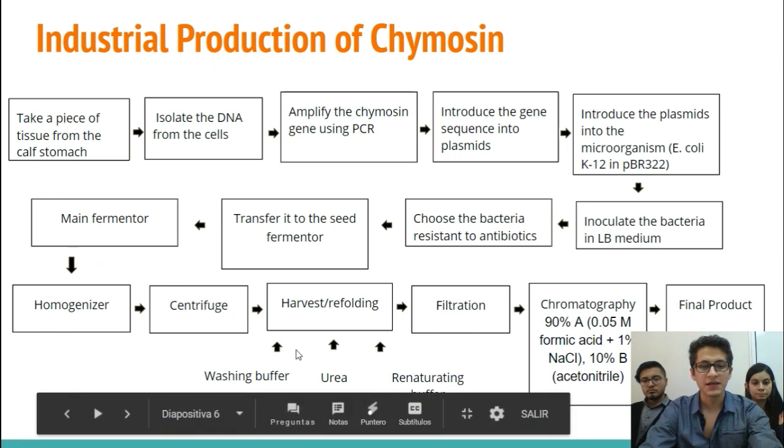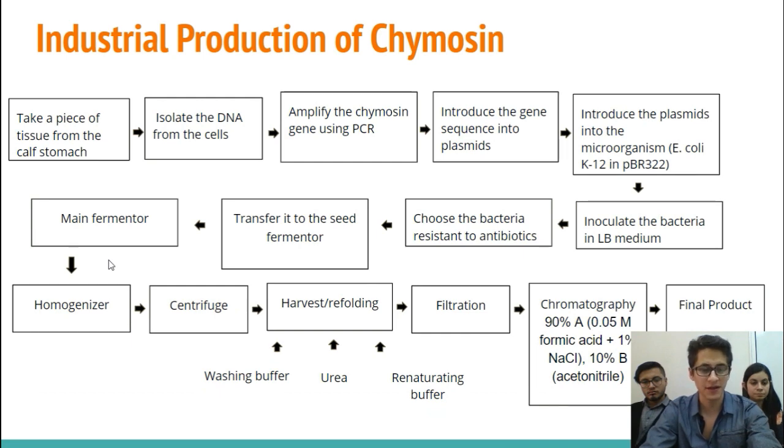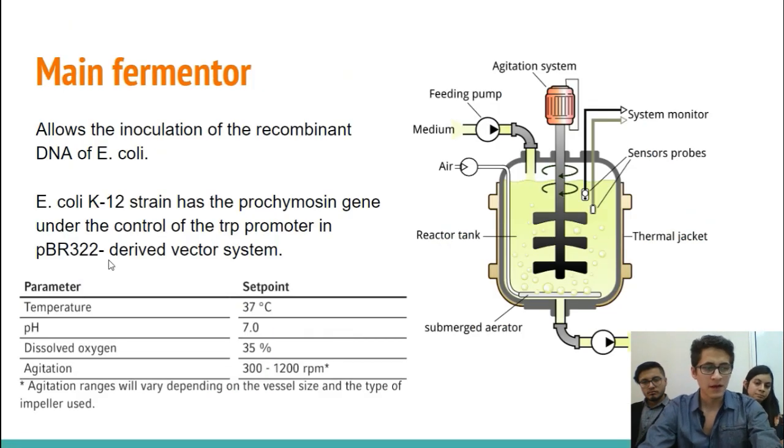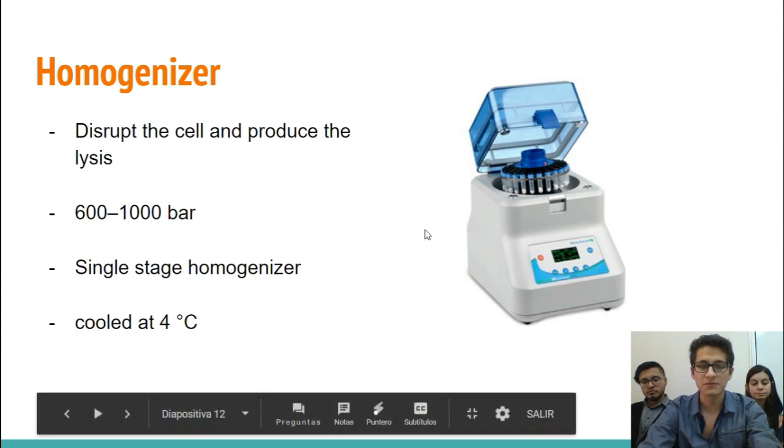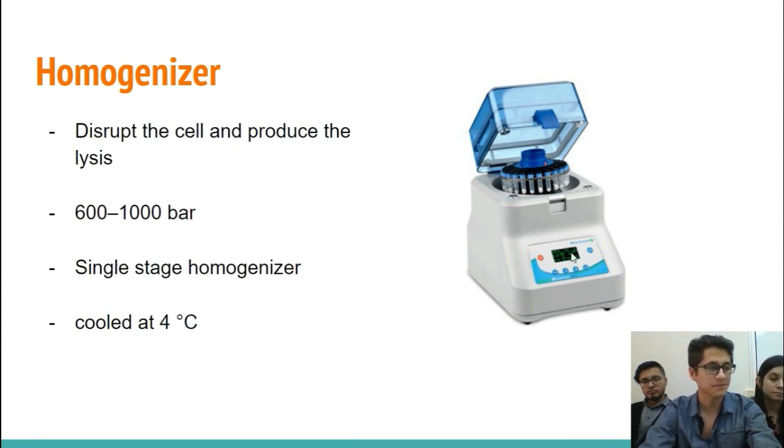Well, after the main fermenter, we need to transfer it to the homogenizer. We put it in the homogenizer that disrupts the cells and produces the lysis in these machines. It's important to note that it is a single stage homogenizer.